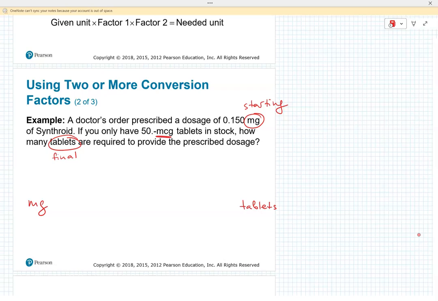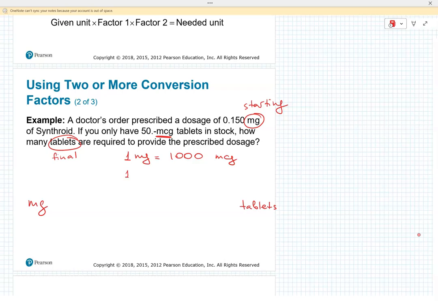You have this microgram unit here, correct? So we need to write, first of all, the equality between milligrams and micrograms. You already told me this. What's the equality? One milligram is equivalent to 1,000 micrograms. And then we have to write an equality about the tablets.